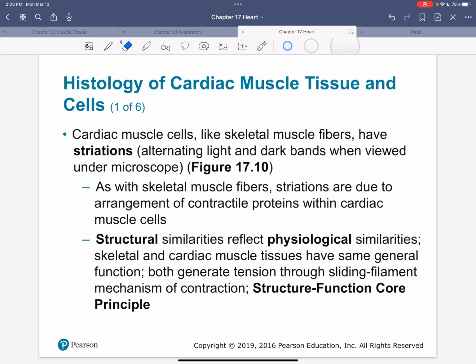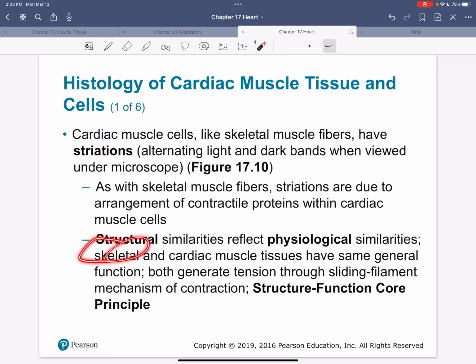Now, let's remind ourselves about the histology of cardiac muscle tissue, that we are dealing with striations. They do have striations, right? And that's because there's an arrangement of contractile proteins within them. Now, we also do have that similarity, physiological similarities with the skeletal muscle.